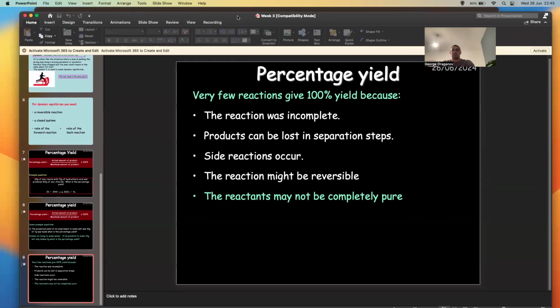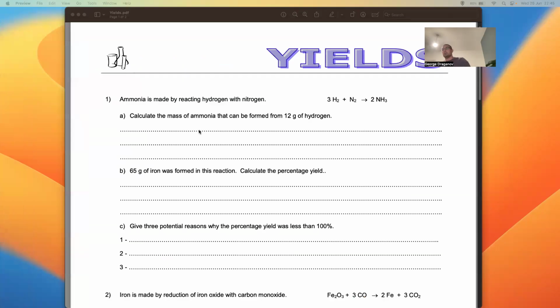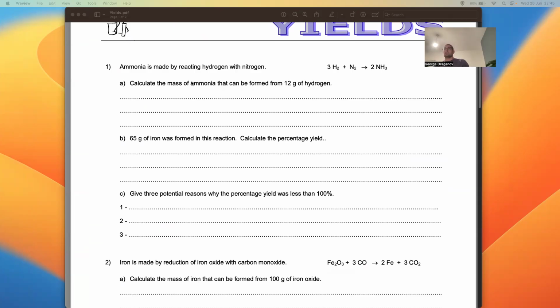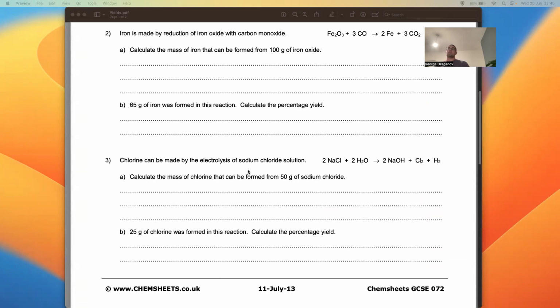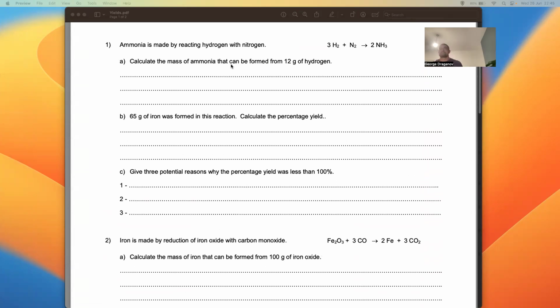Okay. I will go over one more example. This is the worksheet. They're all broken down into steps. First they make you calculate the maximum theoretical mass, then they tell you how much is made. Let's just use number 1 as an example.